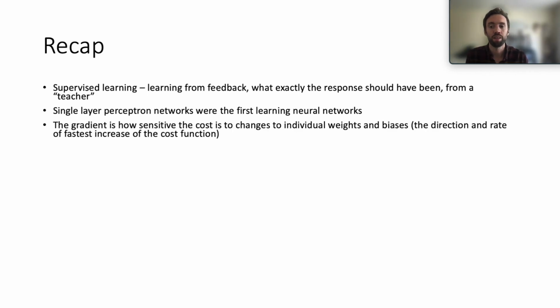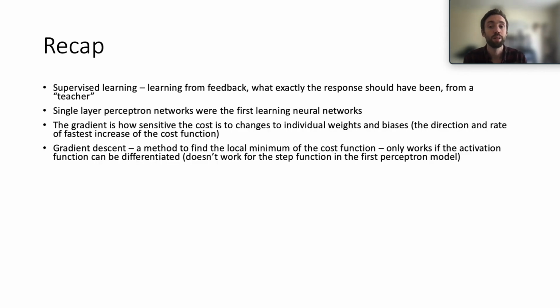We found out how the gradient tells us how sensitive the cost is to changes to individual weights and biases, and this can also be thought of as the direction and rate of increase of the cost function in a space defined by the weights and biases. We covered gradient descent, which is a method to find the local minimum of the cost function. However, we noted that it only works if the activation function can be differentiated, such that a small change to the input will lead to a small change in the output.